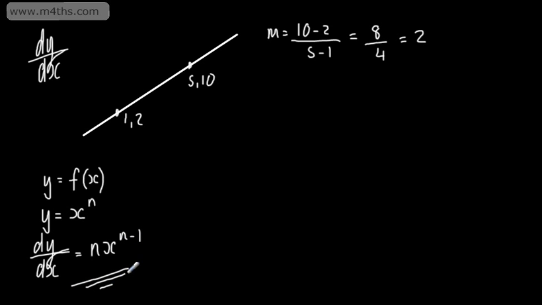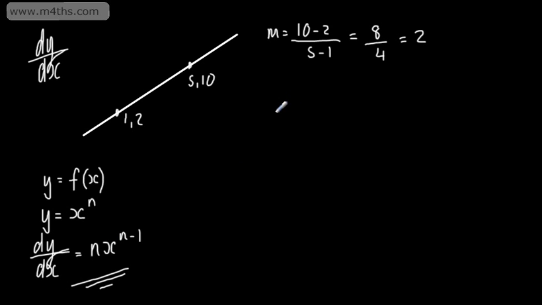Essentially what we're saying here is that we multiply down by the power and drop the power by 1 if we simply have powers of x. In later topics or courses you will look at differentiating trig functions and exponential functions, but for now if we're just differentiating powers of x, then we have dy by dx is going to be n x to the n minus 1.